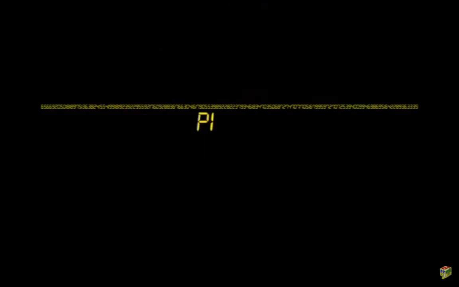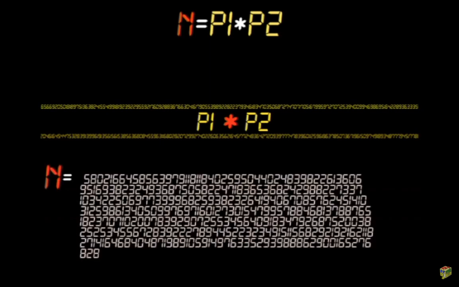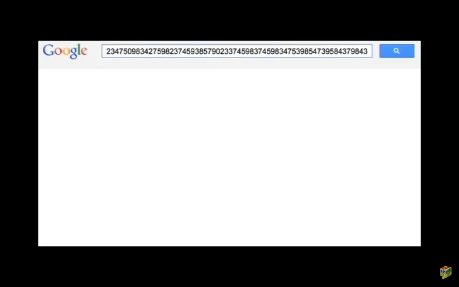Step 1. Imagine Alice randomly generated a prime number over 150 digits long. Call this P1. Then a second random prime number roughly the same size. Call this P2. She then multiplies these two primes together to get a composite number n, which is over 300 digits long. This multiplication step would take less than a second.